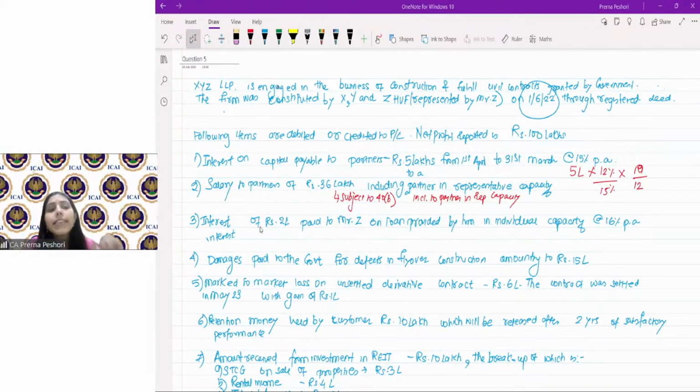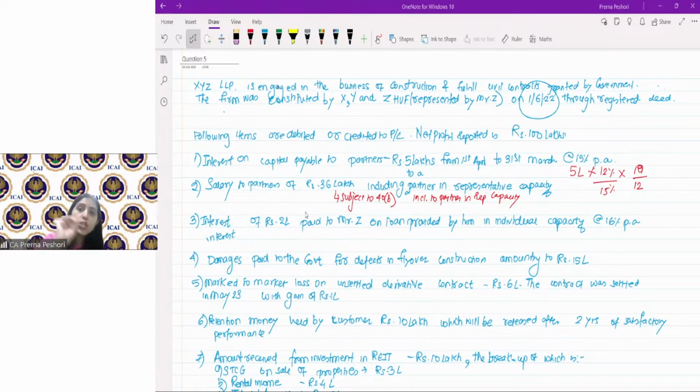So for the third adjustment, what does the explanation to 40B provide? The explanation to 40B says that where an individual is a partner in a representative capacity, in our question Mr. Z, interest is paid by the firm to the individual otherwise than as a partner in a representative capacity.